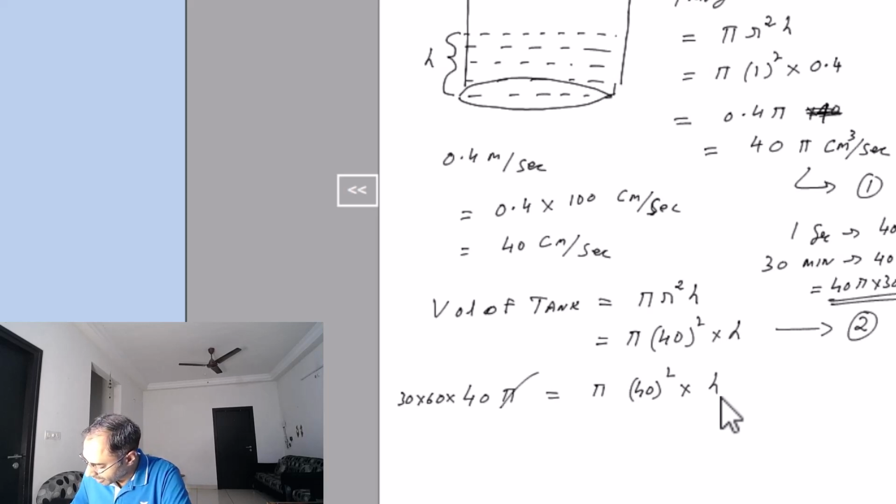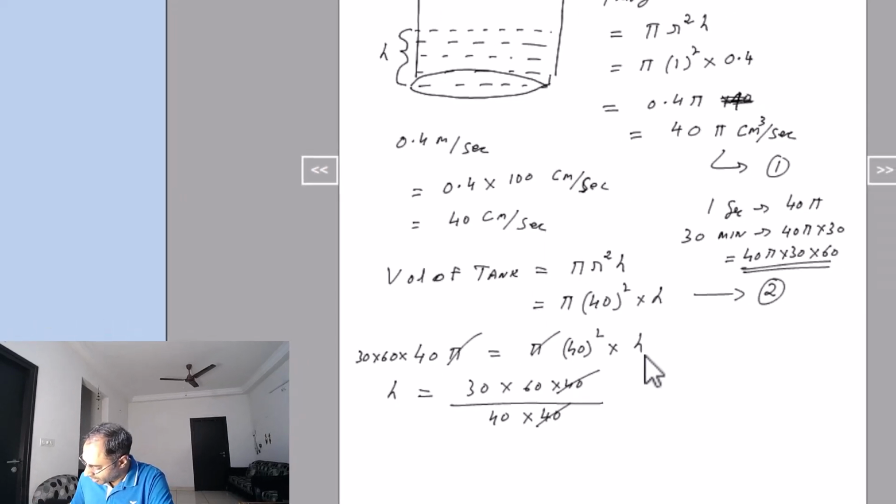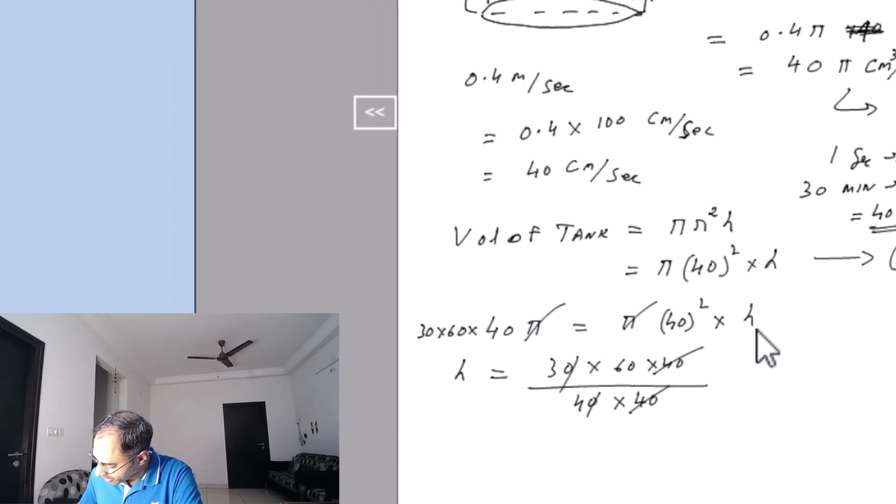So pi and pi cancel out. So h is equal to 30 into 60 into 40 divided by 40 into 40. 40 square, I'm just breaking it up so that I can cancel 40 out here. Then the 10 of this cancels out over here. Then 4 15s are 60. So this comes to 3 into 15, which is 45 centimeters.